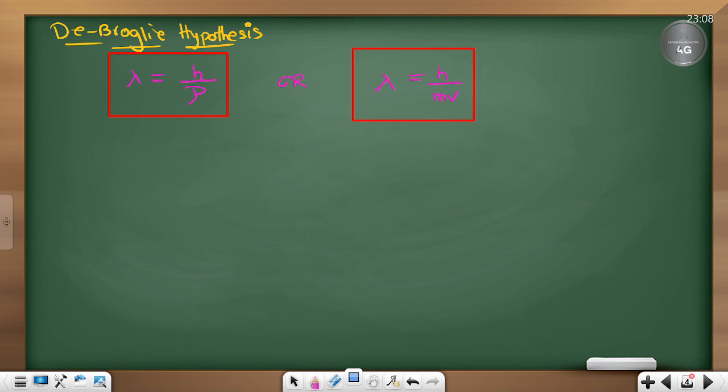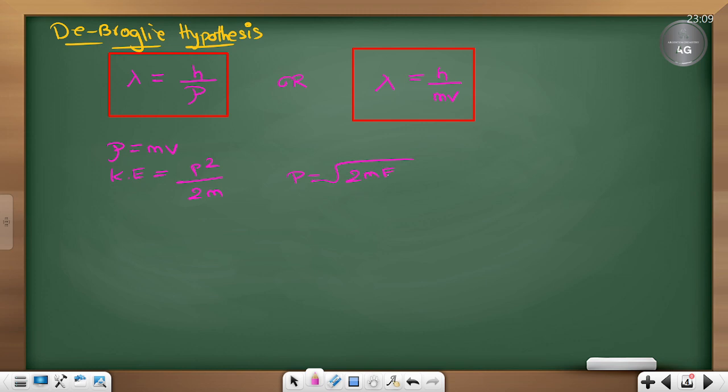Now we will see, in some twisted format questions, neither mass nor velocity but kinetic energy is given. In that case you have to use your physics knowledge. You know that p is equal to mv. You know kinetic energy is equal to p square by 2m, right? And p is equal to root over 2m KE.